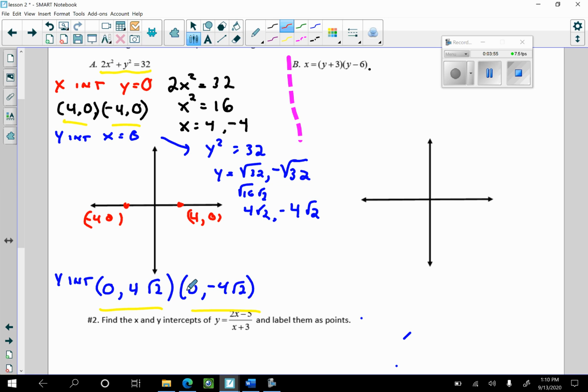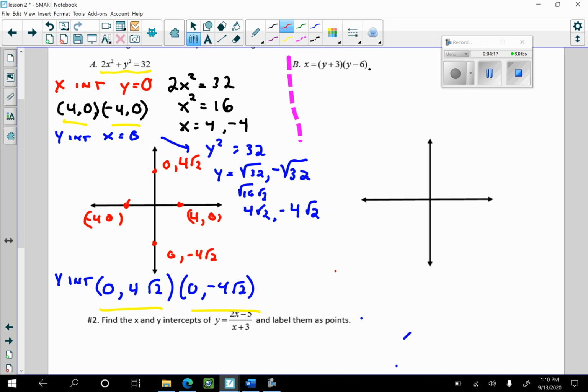And then all we know is that these blue points are a little bit more. So we're going to sketch those, and this is going to be (0, 4 square root of 2), and this is going to be (0, negative 4 square root of 2).